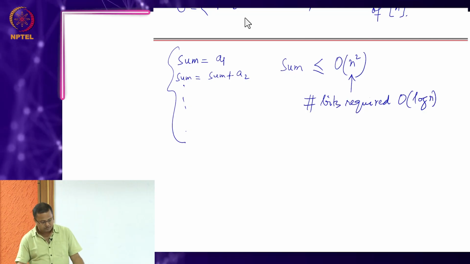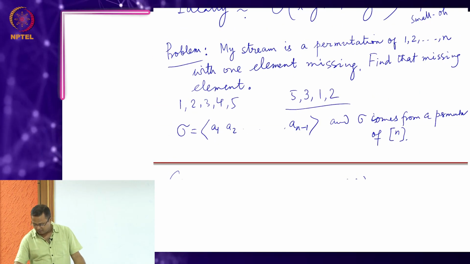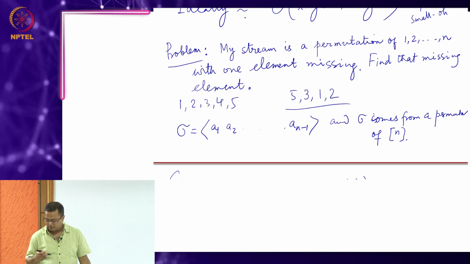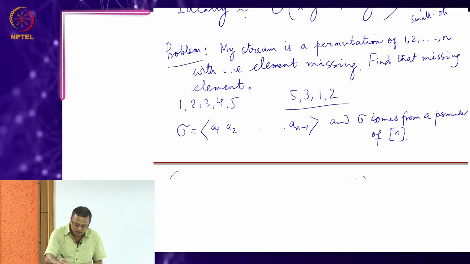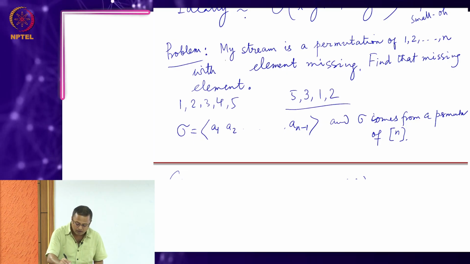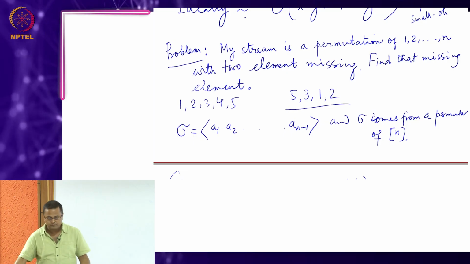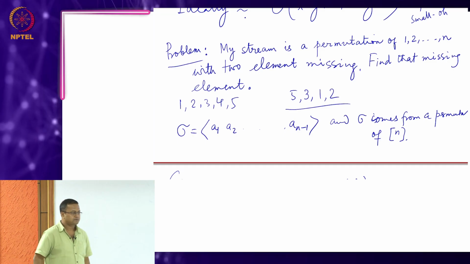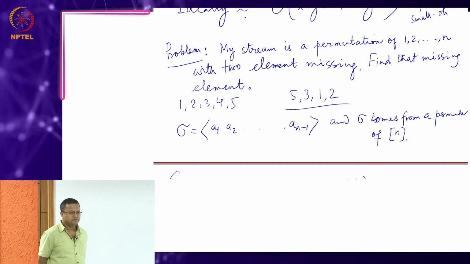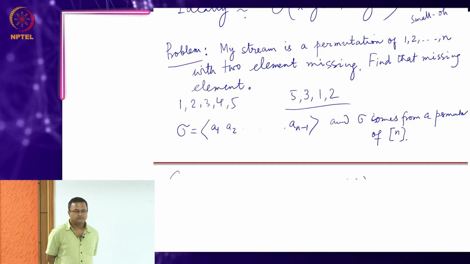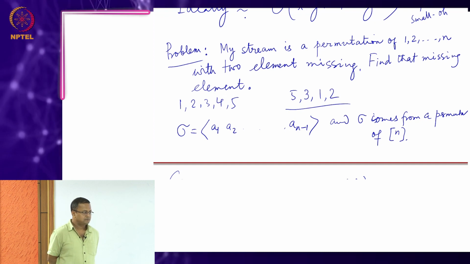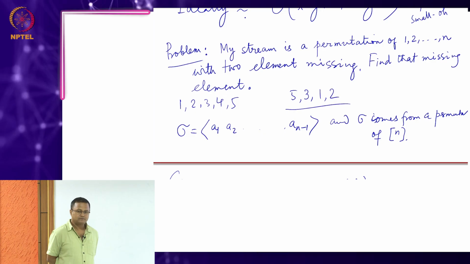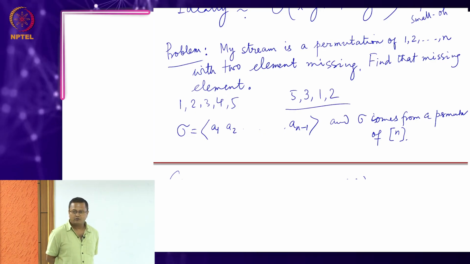Okay. Now, I change the problem a little bit. How would I change? Instead of 1 missing, make it 2. What do you do?